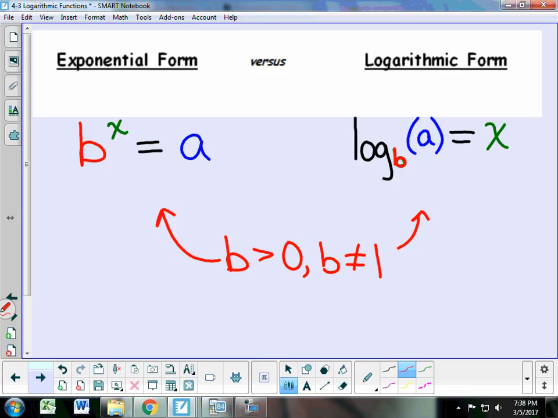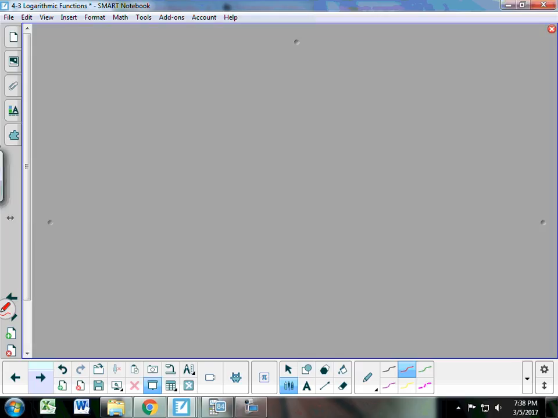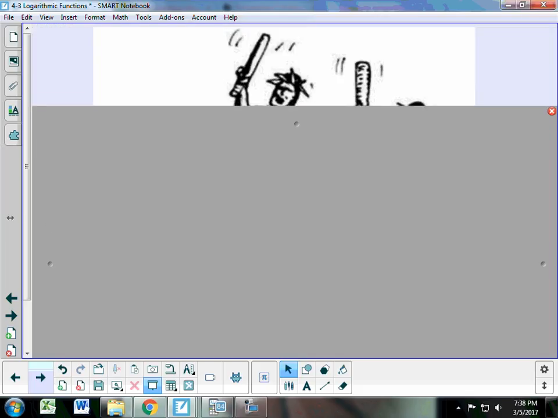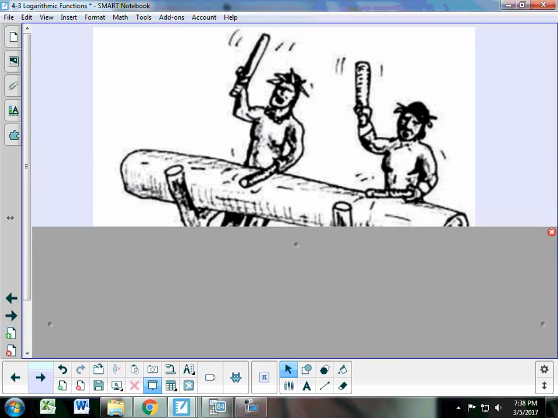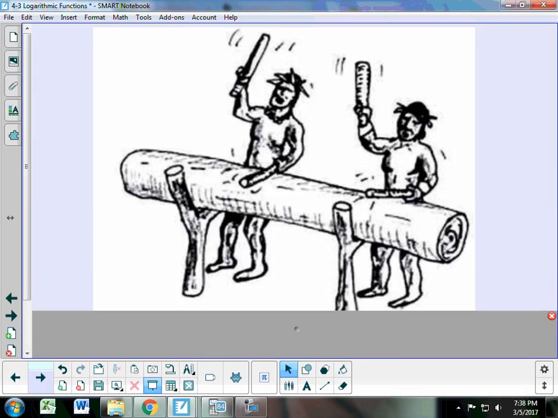Okay, let's practice converting. Oh, we got a joke here. I think I did peek at this one. So logarithms. Some of you, if you haven't heard of it, this might be what you thought of with a logarithm. See some of these guys banging on this log.